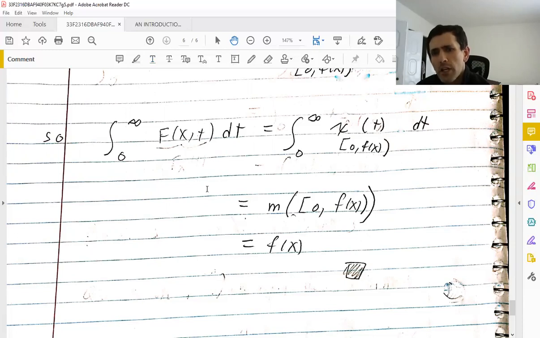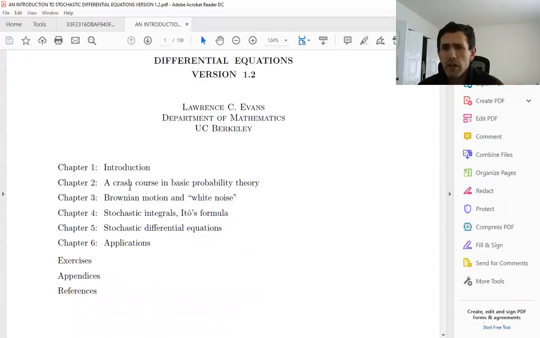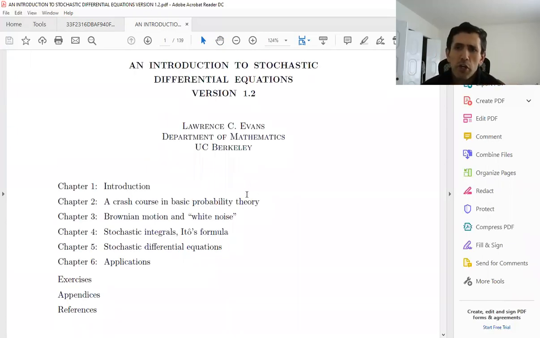So if you are curious about a nice book, or a nice chapter in a book, to read on basic probability theory from the measure theoretic perspective, this is really good. You can find this PDF online. Just Google stochastic differential equations, Lawrence Evans.